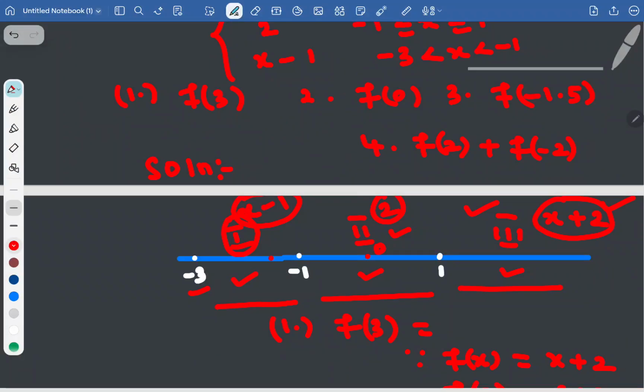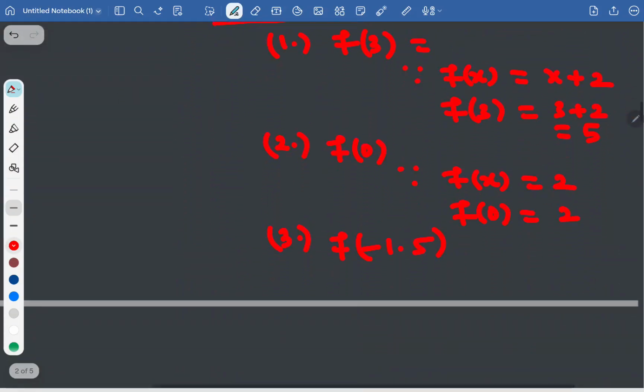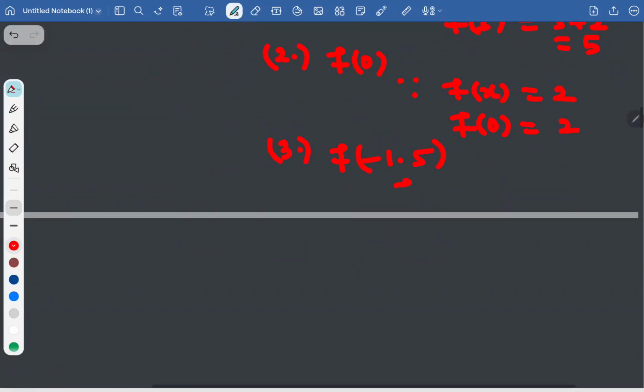Minus 1, minus 2, minus 3. First interval means what is f of x? x minus 1. Here f of x is x minus 1. You have to find out f of minus 1.5: minus 1.5 minus 1, that is minus 2.5.